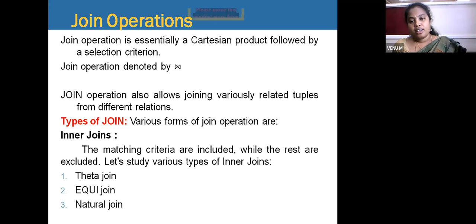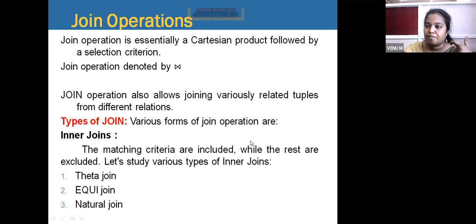Here various forms of join operation are there. The main types are inner join and outer join. There are three types of inner joins and three types of outer joins. What is meant by inner join? First, we have to see the matching criteria are to be included while the rest are excluded.